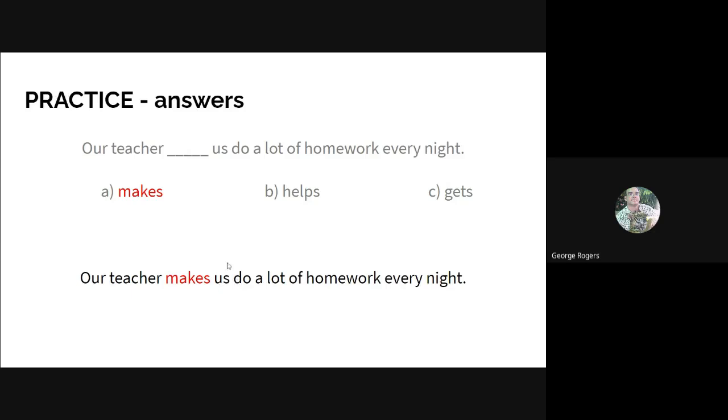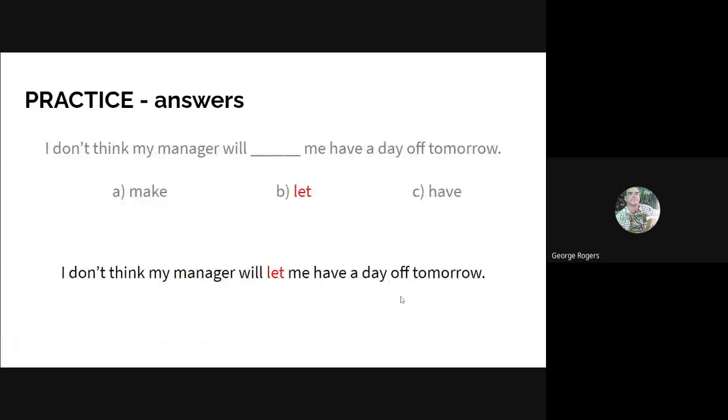So without a "to," we could have either one of these, but logically, the teacher makes us do a lot of homework every night. That makes more logical sense because you're doing the homework at home. You do homework at home. The teacher's not there typically. So help is not the best answer. Makes is. Again, you typically only have one teacher, so third person, singular.